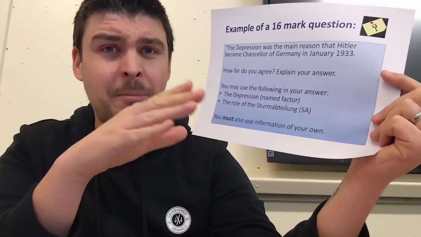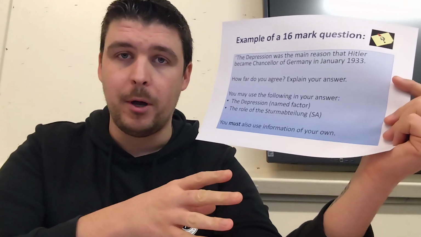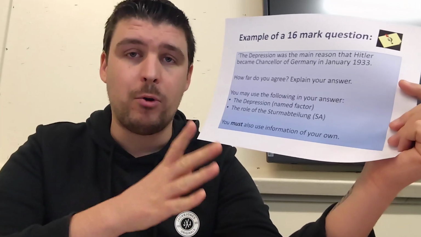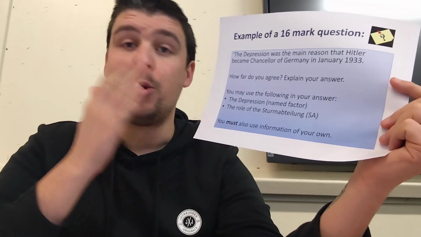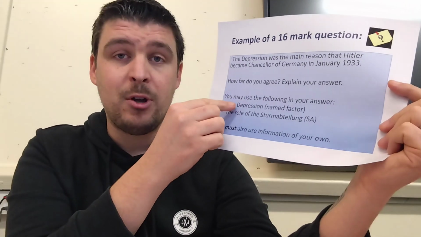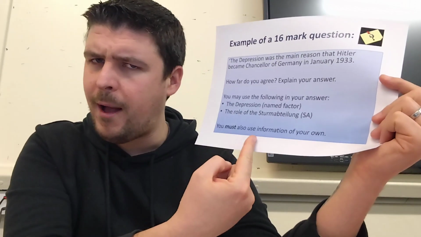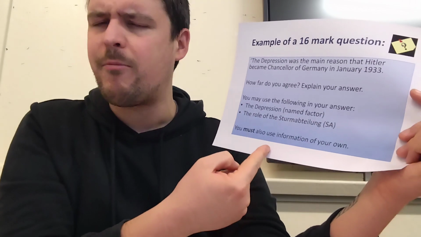Anyway, I'm digressing. The second bullet point, you do not have to talk about that second bullet point. You can if you want to, but you don't have to. You could talk about the Depression and two other things, whatever they may be. You've got to talk about at least one other thing from your own knowledge, but that second factor, you do not have to include.